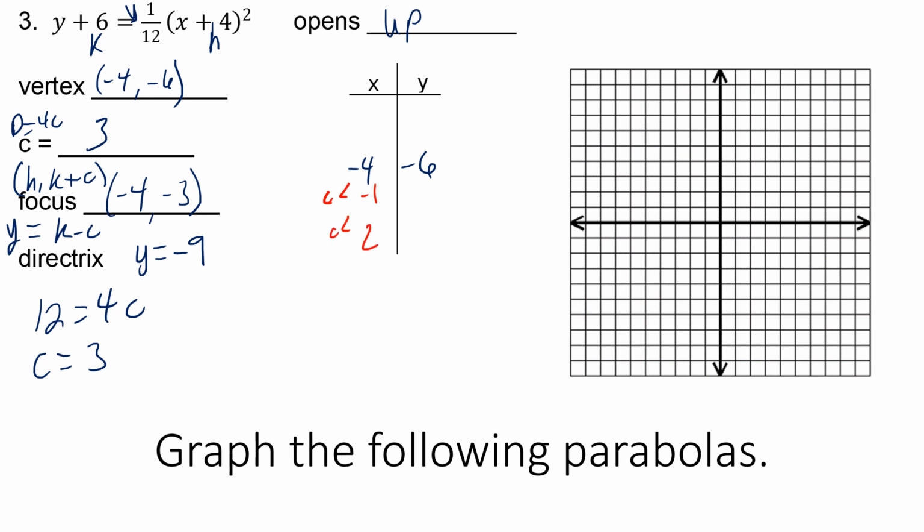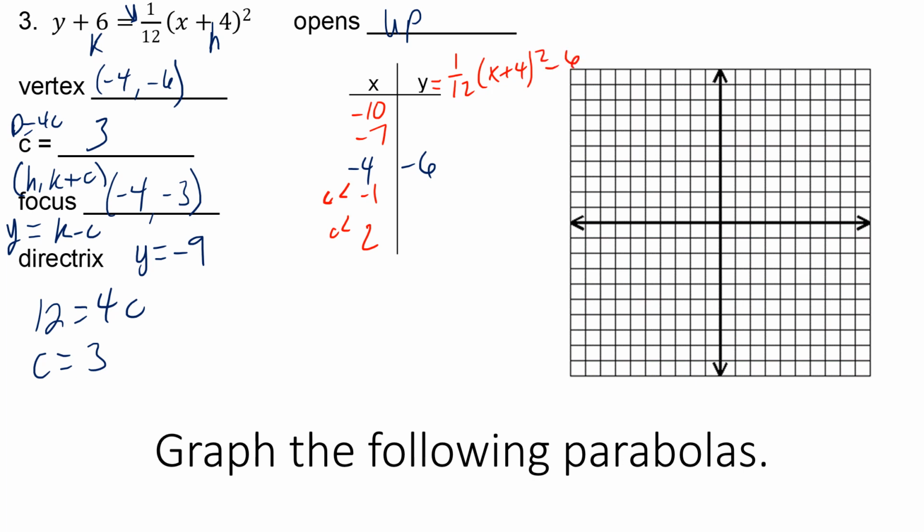Now going the other way, subtracting a C value, -4 minus 3 puts me at -7, and -7 minus another 3 puts me at -10. Remember, I'm plugging these values in for x, so if I wanted to get y by itself here, it's going to look like 1 over 12 times x plus 4 squared minus 6.